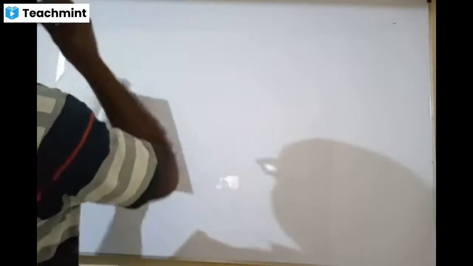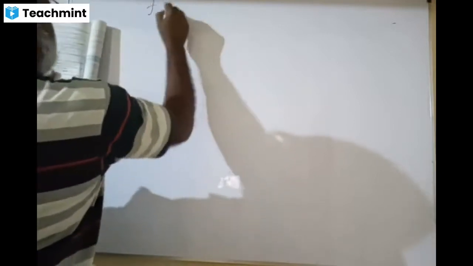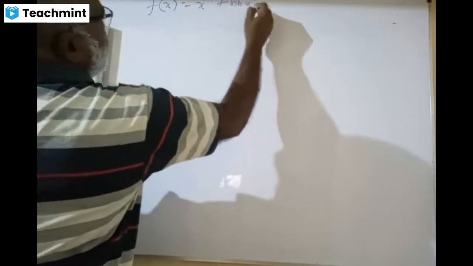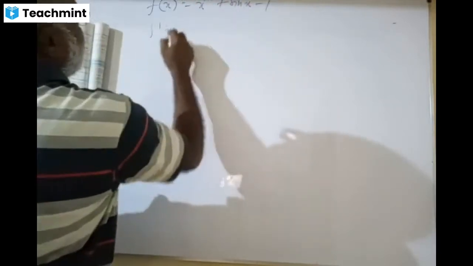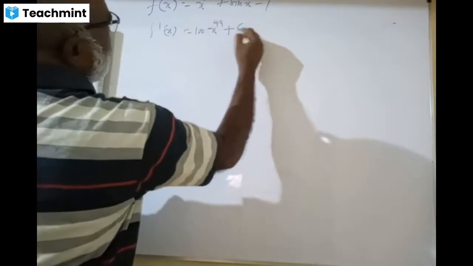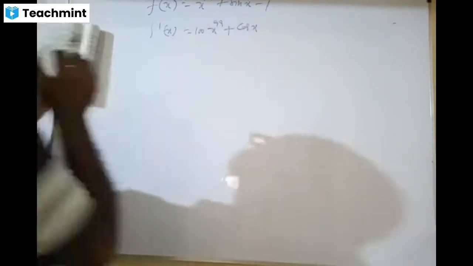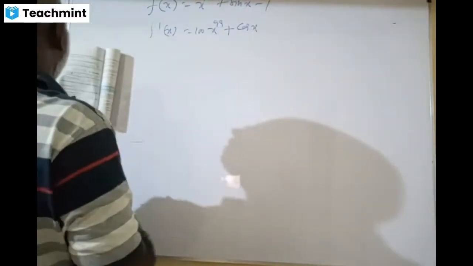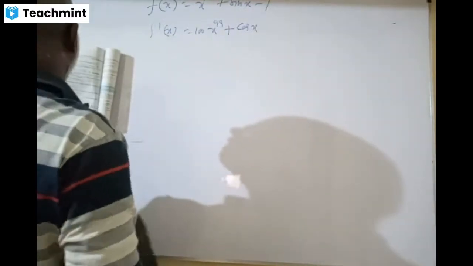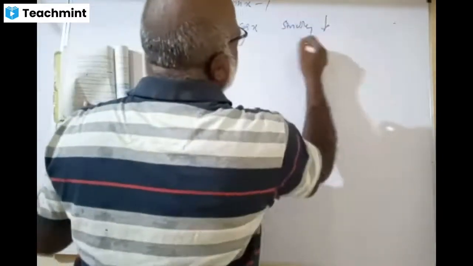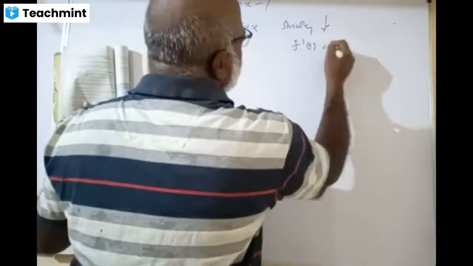Question number 13, the function is given as f of x equals x power 100 plus sin x minus 1. Okay, f dash x is 100 x power 99 plus cos x. Okay, friends, on which of the following intervals is the given function strictly decreasing? Strictly decreasing, and now f dash x should be less than 0.